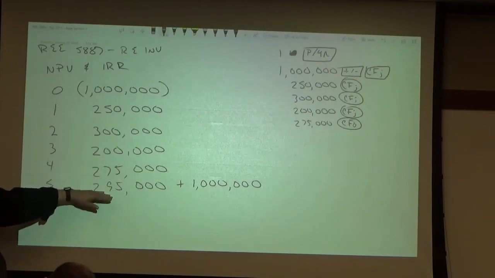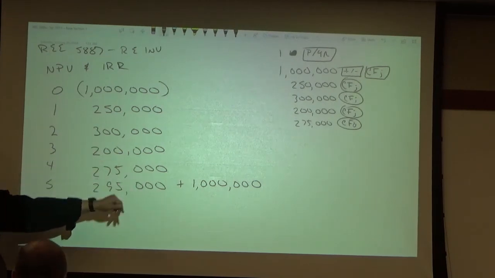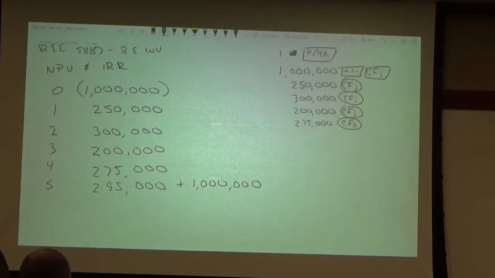So the operating cash flow of the 295 plus the 1 million. Okay? So that final cash flow is going to be 1,295,000. Okay? So none of that is new. We did that last week. All right.